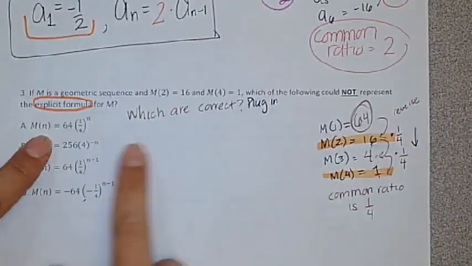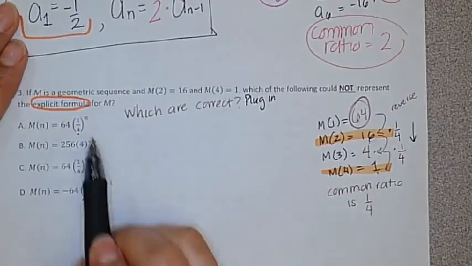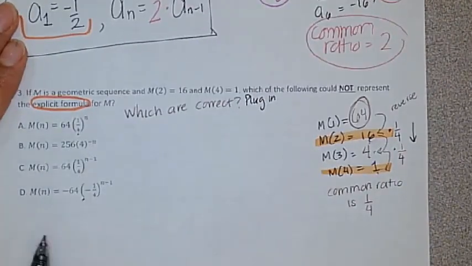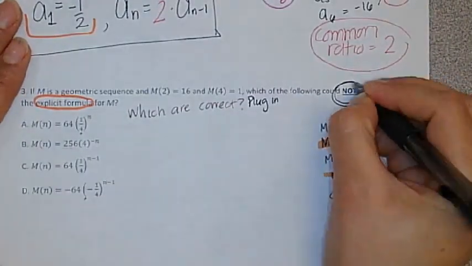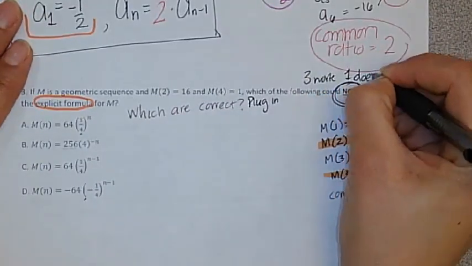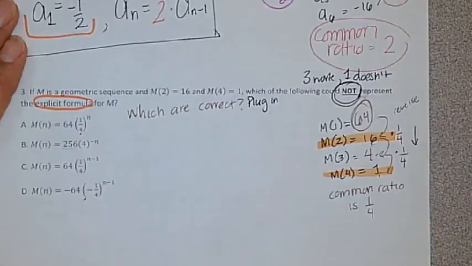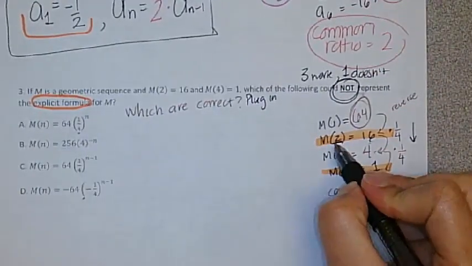I know that my ratio is 1/4 and 1/4 and 1/4. This one's a little weird because it starts with 256. But remember, 3 of them work, 1 doesn't. Okay? So here I need to figure out, I'm going to plug in 2.